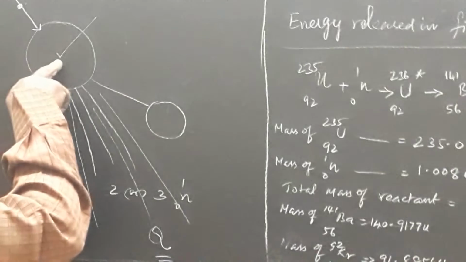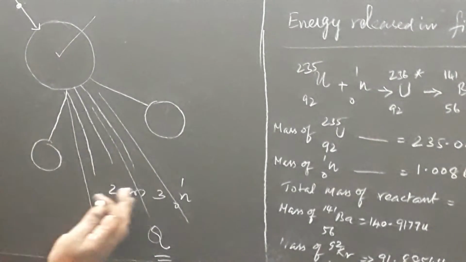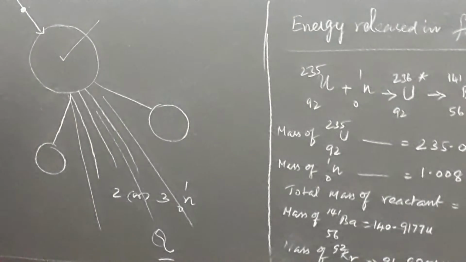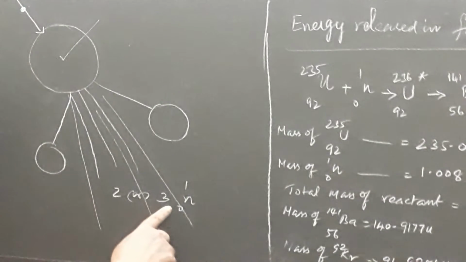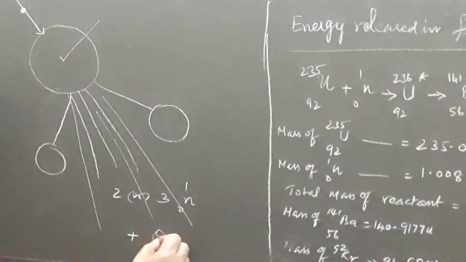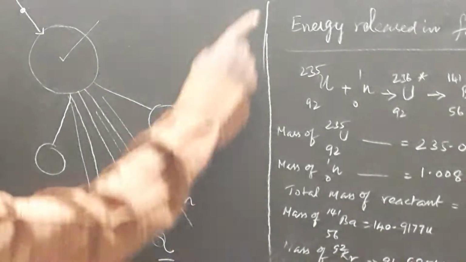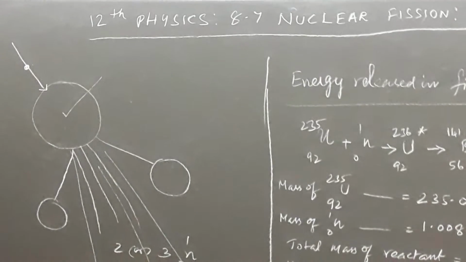Then the heaviest nucleus is bifurcated into two smaller nuclei along with the emission of two or three neutrons with energy released. This process is called the fission process.